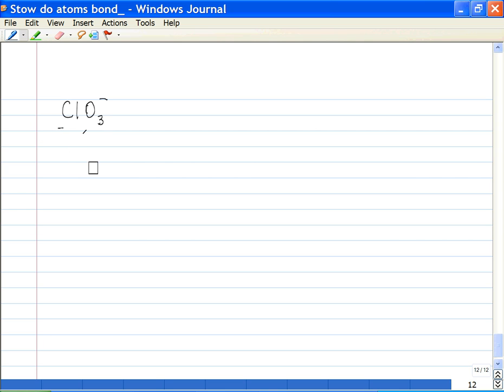It's got 2 different kinds of atoms. So when we draw a Lewis structure for it, the first thing we need to do is draw a skeleton structure. Put the least electronegative in the middle. In this case, I'll show you why that won't work.